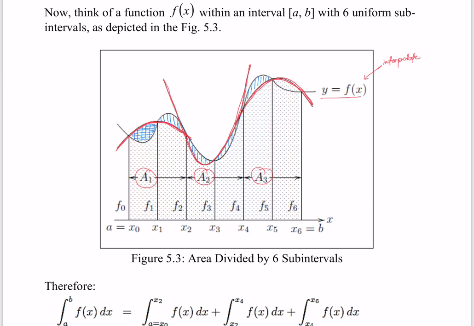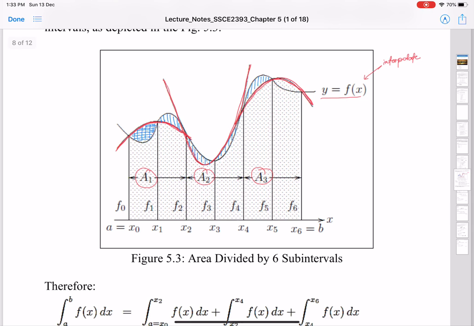But in real problems we cannot do it analytically, and that's why we need a good method to apply integration in order to get the area, for example the area under this graph. Once we interpolate our function, then you can know what the area under our graph is.